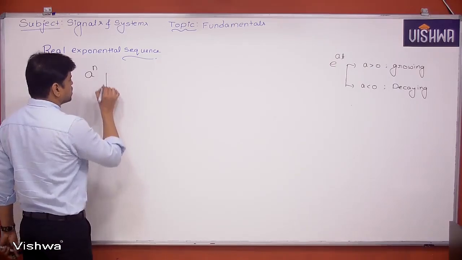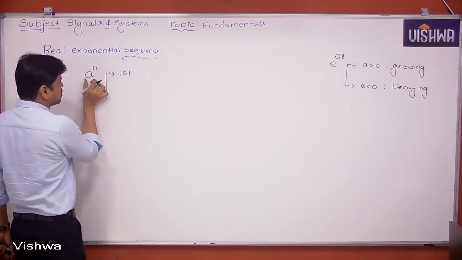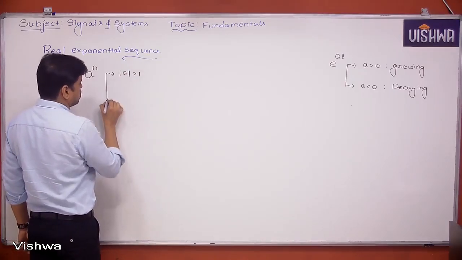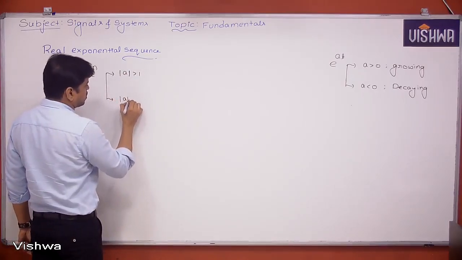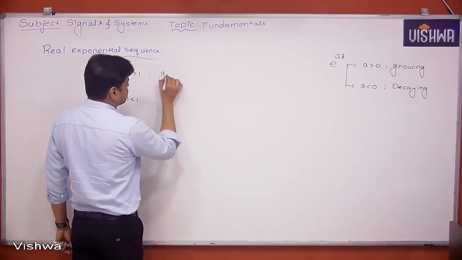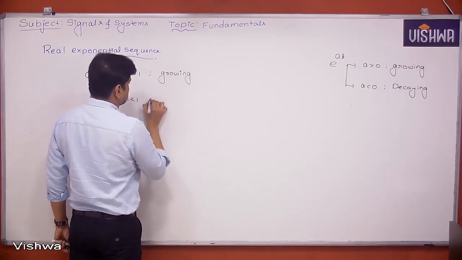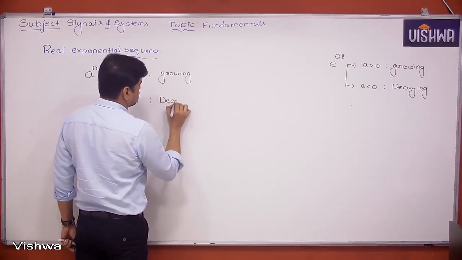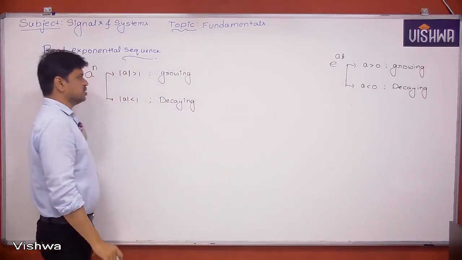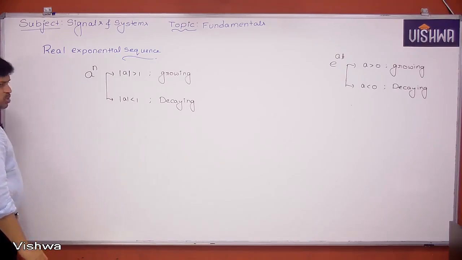So how can we distinguish? If the modulus of a is greater than 1, it is a growing exponential, and if the modulus of a is less than 1, it is a decaying exponential. Let's check out some examples so that we can understand.